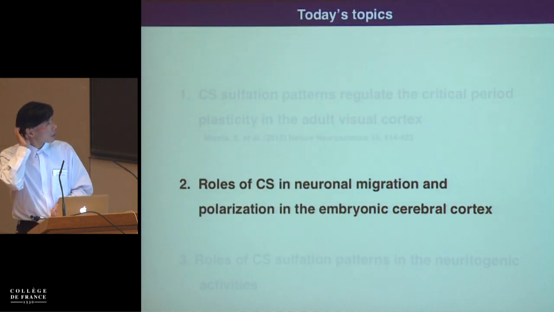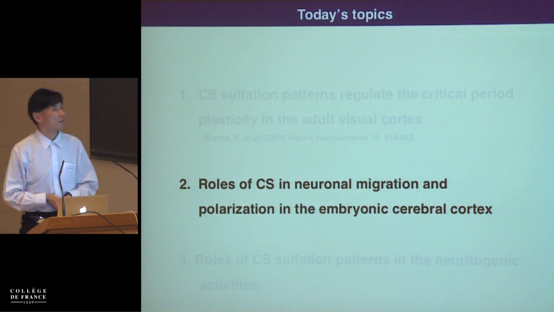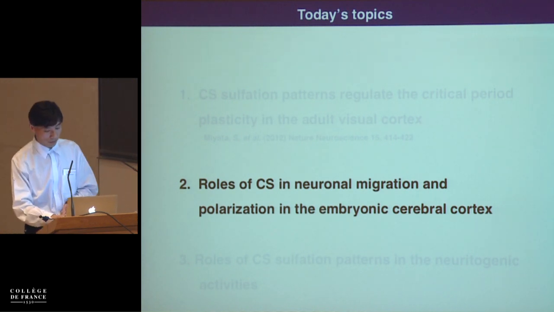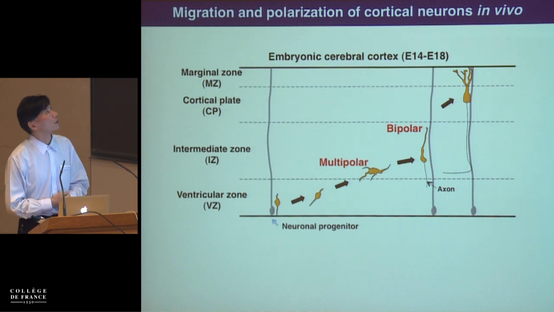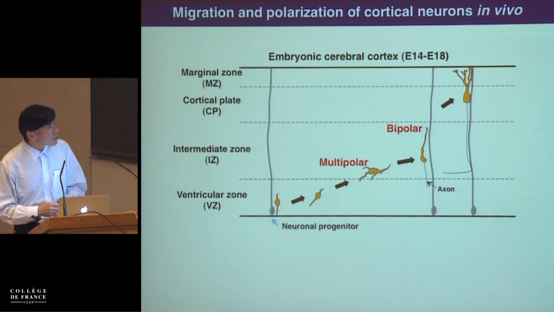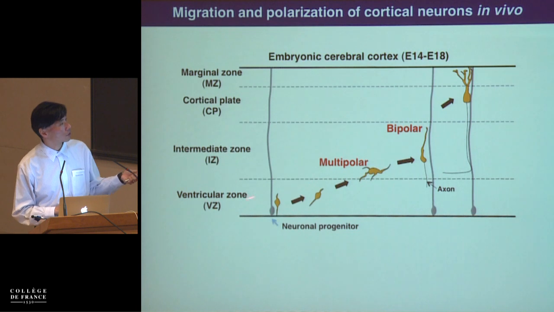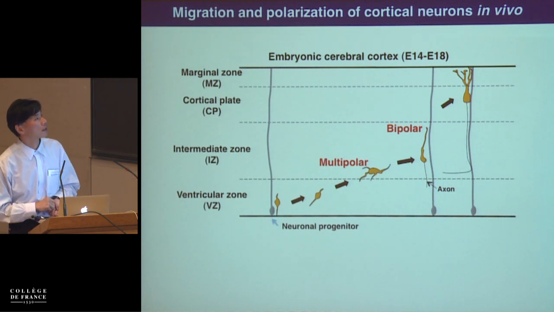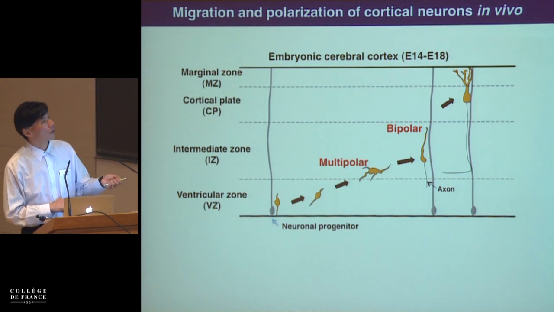So let's move on to the next topic regarding the role of chondroitin sulfate in neuronal migration and polarization in the embryonic cerebral cortex. Let me briefly introduce the migration and polarization of cortical neurons in vivo. After neurons are generated from neuronal progenitor cells, they become multipolar in the intermediate zone.